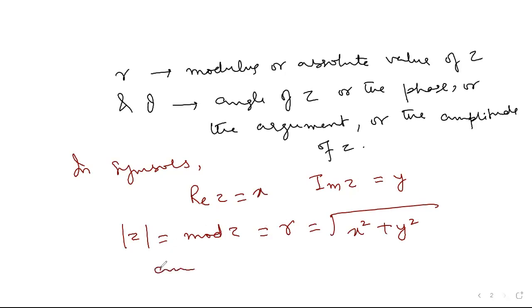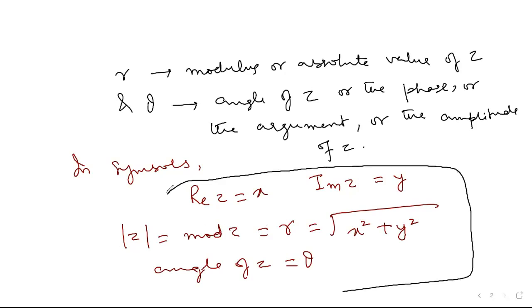And angle of z is equal to theta. So this is how we use the symbols. Re of z is real part of z, which is x. Im z means imaginary part of z, which is y.